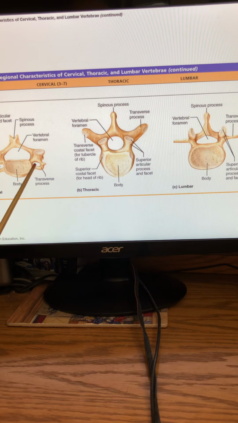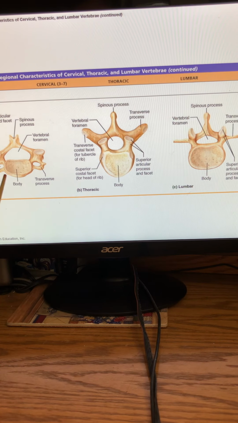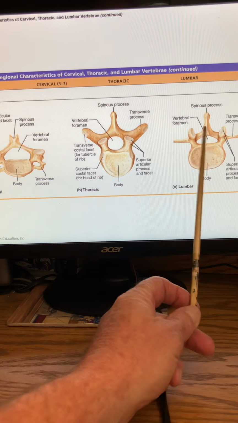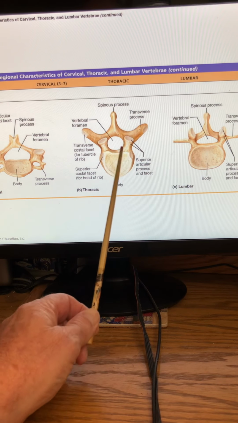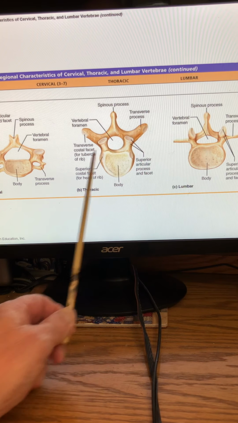The reason for that is so that the vertebral artery can snake up through that and go up to your brain. The other thing I'd like to point out, looking from the top, looking down, the vertebral foramen in the cervical is going to be an upside down D, as will the vertebral foramen in the lumbar region, whereas the thoracic one is a perfect circle almost.